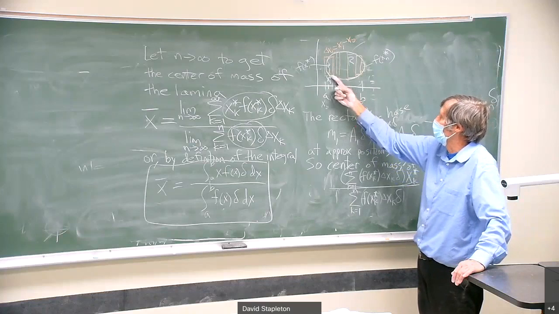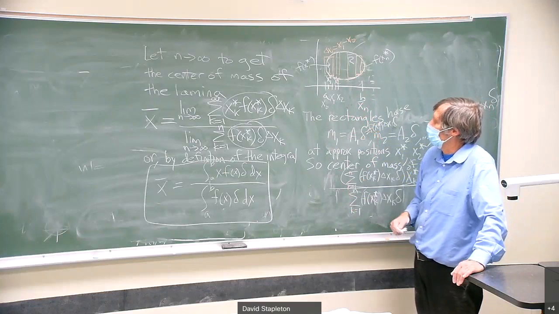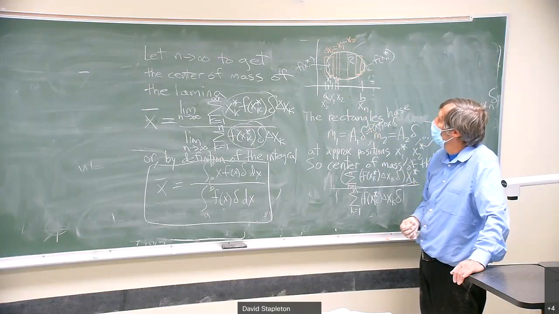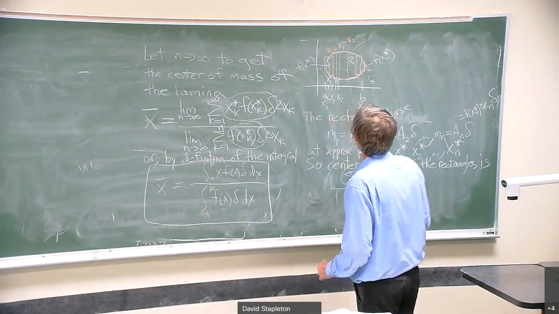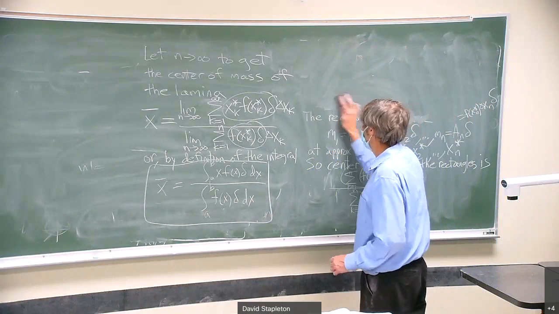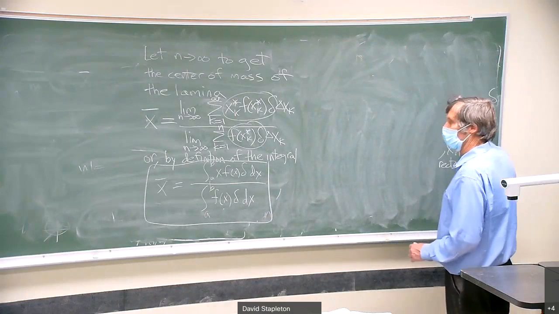It's the same point no matter how you partition this up. It always comes to the same point. That's where it's going to balance. Okay. So there's the center of mass x coordinate of a plane region.